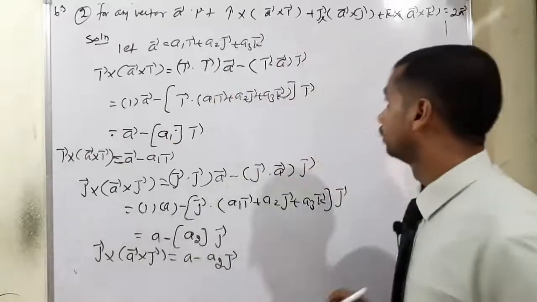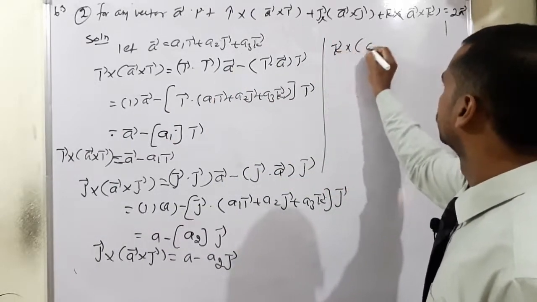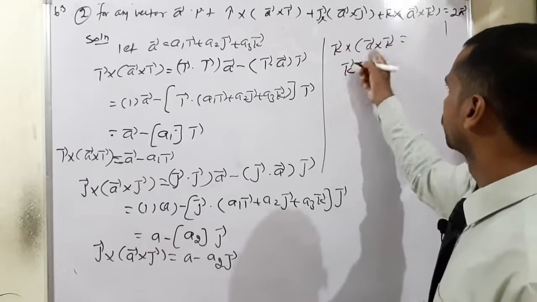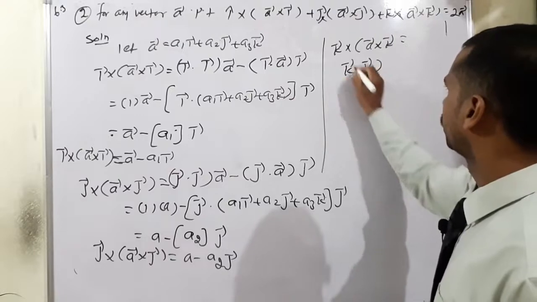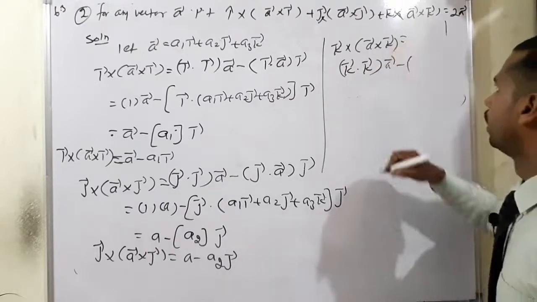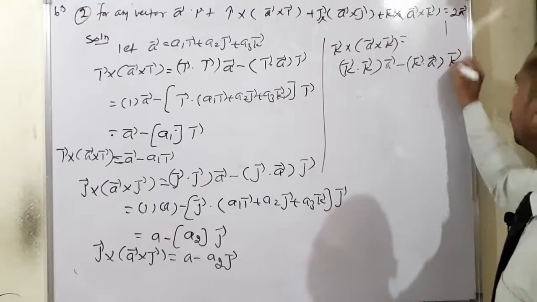Third condition, K vector cross (A vector cross K vector) is equal to: first we skip the A vector, so K vector dot K vector, then A vector, minus, next we skip K vector, so K vector dot A vector, outside K vector.